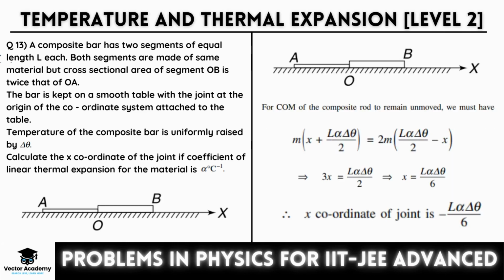For center of mass of the composite rod to remain unmoved, we must have m into x plus L alpha delta theta by 2 equals 2m into L alpha delta theta by 2 minus x. Solving it will give the final value of x. Therefore, x-coordinate of joint is minus L alpha delta theta by 6.